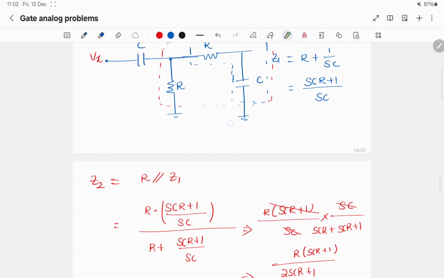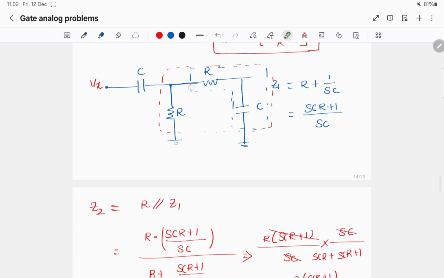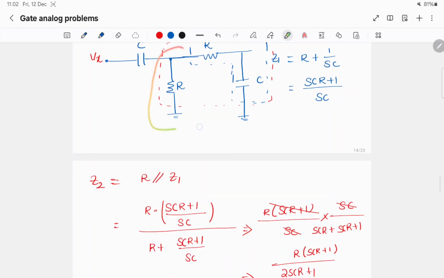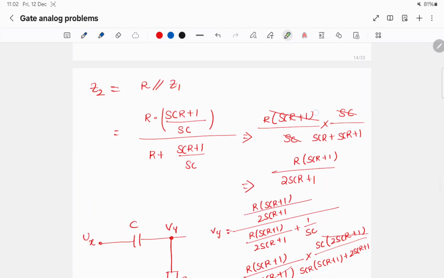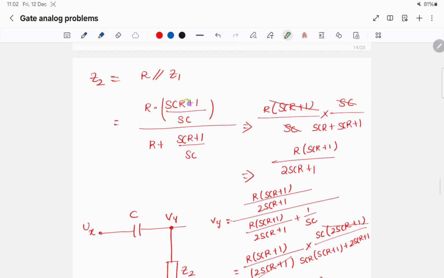And this Z1 is in parallel with R. So I am calling this equivalent impedance Z2. Z2 is R in parallel with Z1. So we got Z1 as SCR plus 1 by SC, so the equivalent impedance will be R into SCR plus 1 by SC, divided by R plus SCR plus 1 by SC.